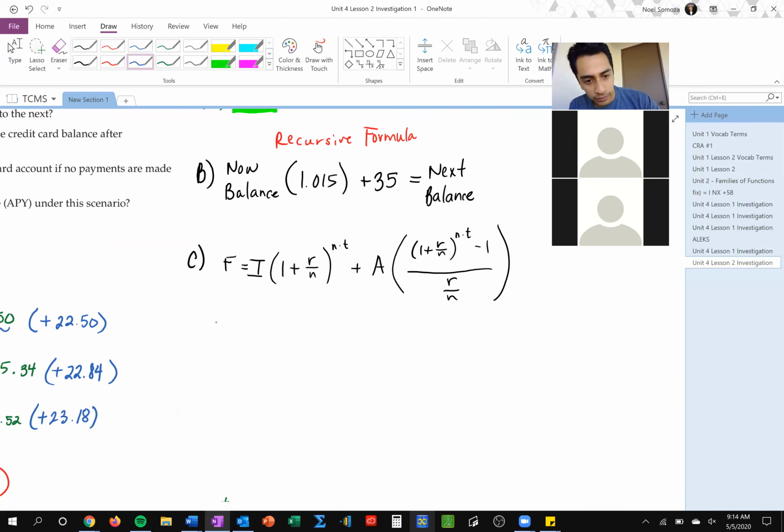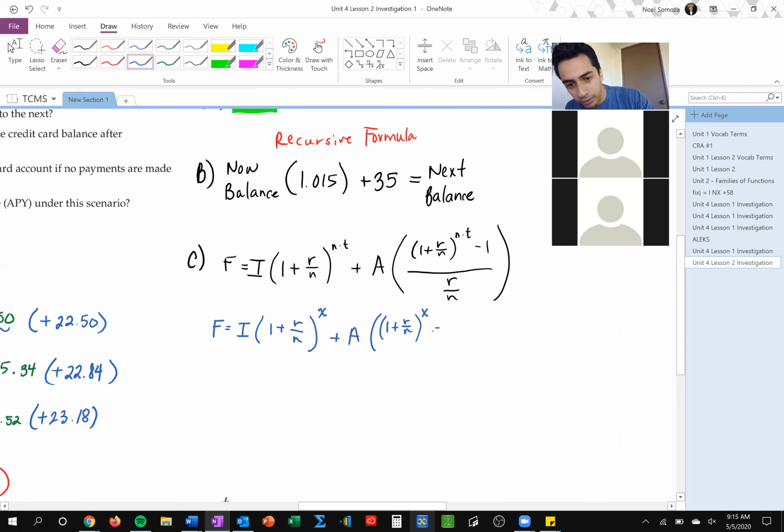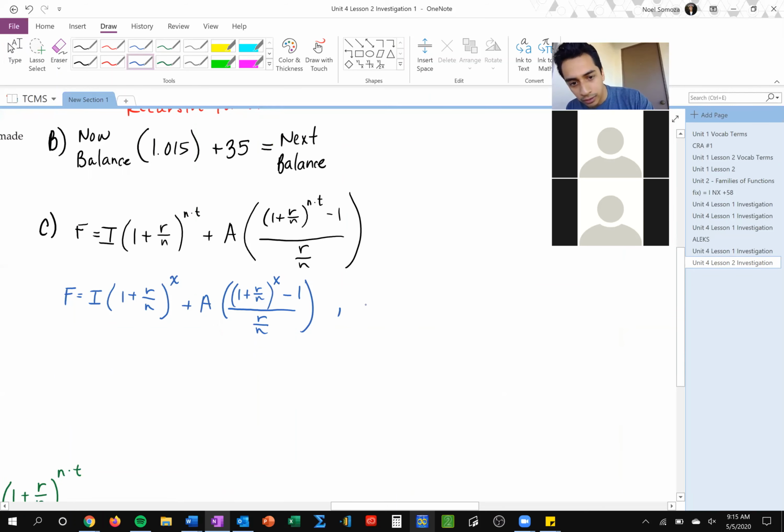We can simplify this a little bit: the final value is still the initial times (1 plus the rate over n), but this time to the power of x, plus A times ((1 plus r over n) to the power of x, minus 1) all over r over n. Okay, where in this case our x is the number of months.